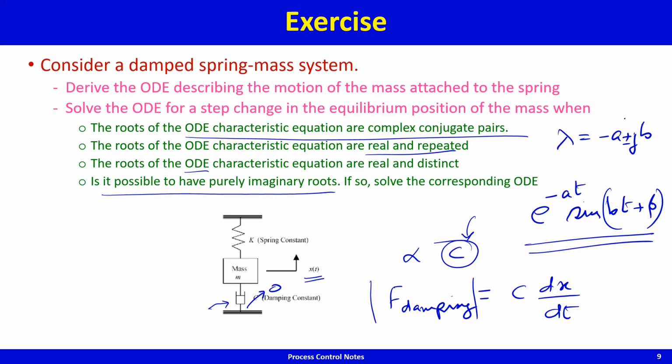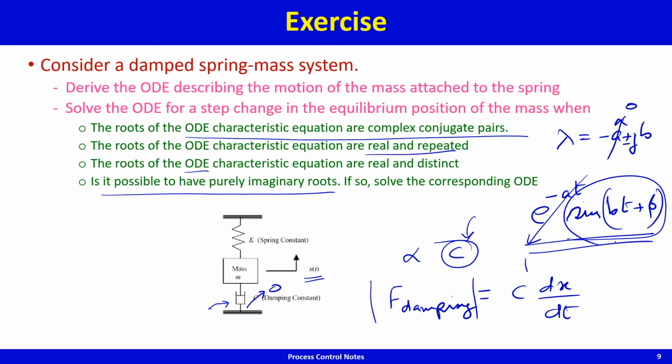Now if this part goes to 0, I think this will happen when there is no damping. You have an ideal situation, no viscous effects, no dissipation effects. So when a goes to 0, this term goes to 1 and you get a pure sinusoid. So you'll get a sinusoid, your spring mass system will keep oscillating forever.